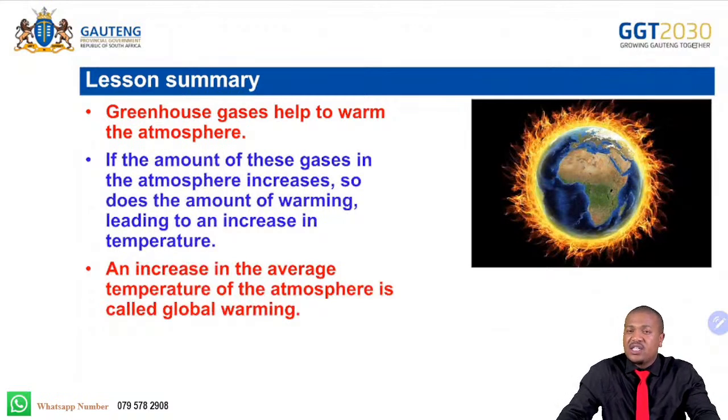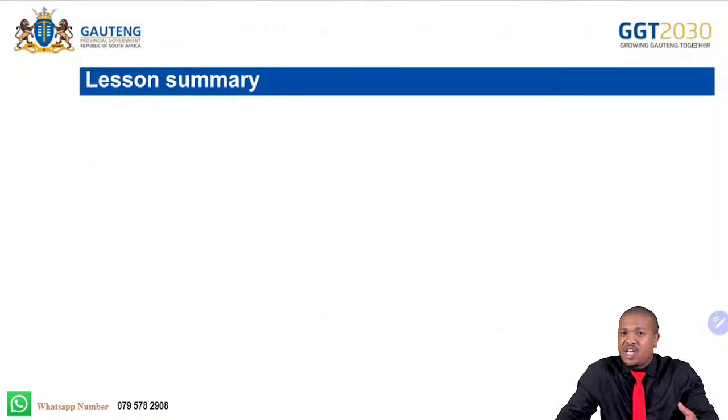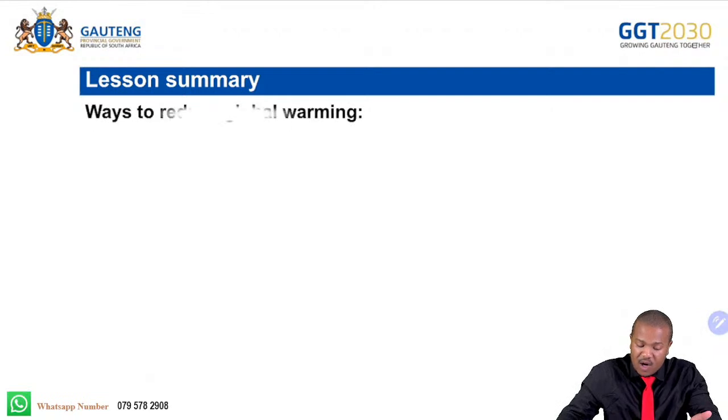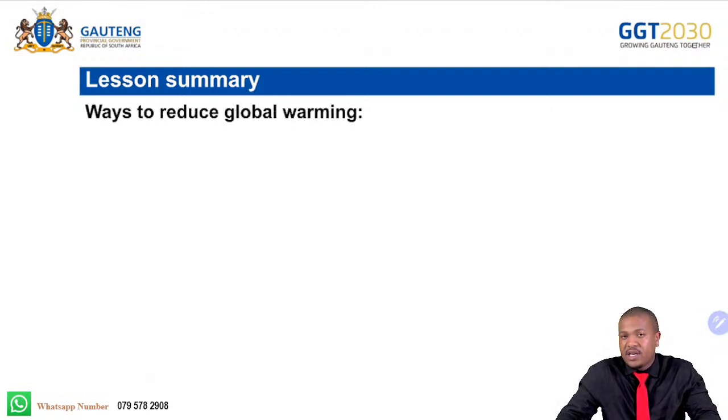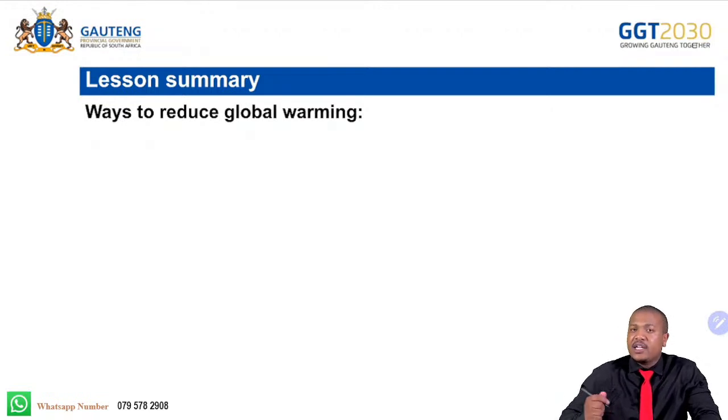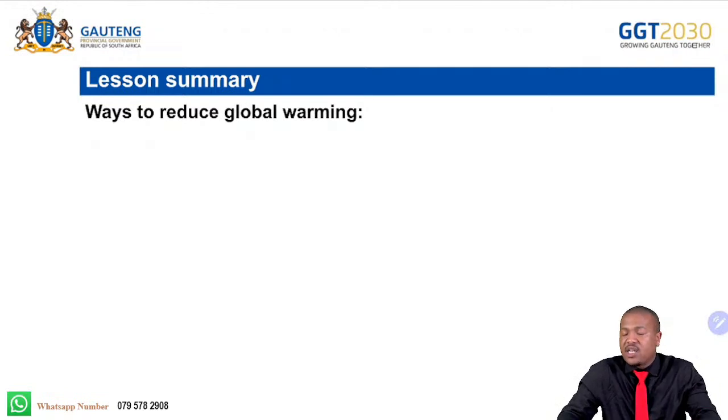Methane also released from animals as they are digesting their food is also what? A contributing factor to global warming, right? So global warming also is a life-threatening problem, right? As it causes what? A rise in sea levels, climate change, food shortages, as well as mass extinction.